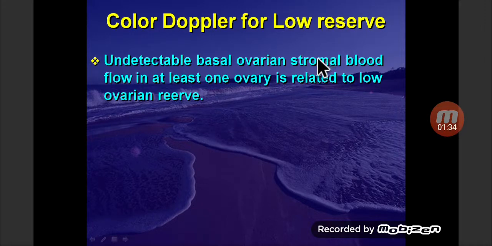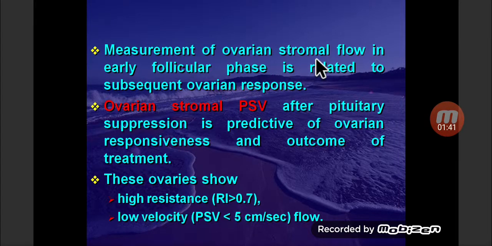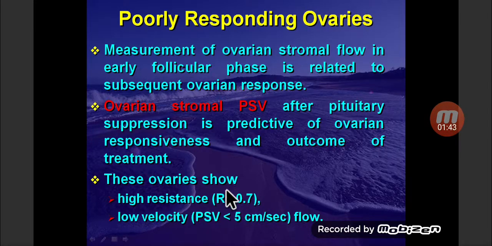What is there in poorly responding ovaries? I'll tell you that. When you're looking at a high resistance, the RI, which should be between 0.6 to 0.7, is on the higher side. Or when you're looking at velocities, which should be between 5 to 10, and you're looking at less than 5. Your 2D findings are going to be the same, but because less blood flow is reaching the ovary, you're going to be panicking.